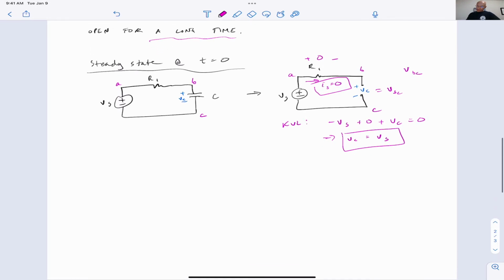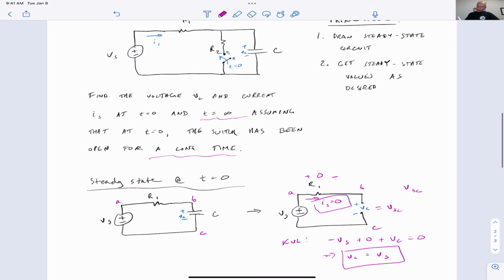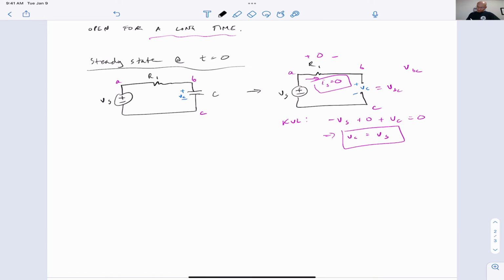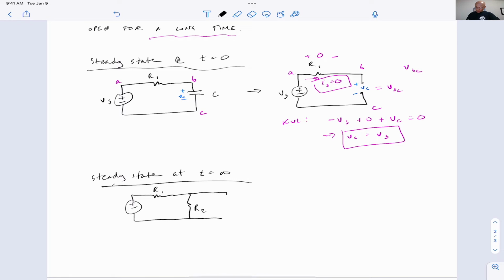So we have our two results for time 0, so no current, and the voltage across that capacitor is just Vs. At time equals infinity, R2 plays a role now. So let's sketch that circuit. And then I'm just going to skip straight to steady state, and we'll draw the open circuit for the capacitor. So what we can see here is that if we designate the nodes A, B, C, again VC is VBC, the capacitor voltage is VBC, and if we can find VBC, then we get VC.